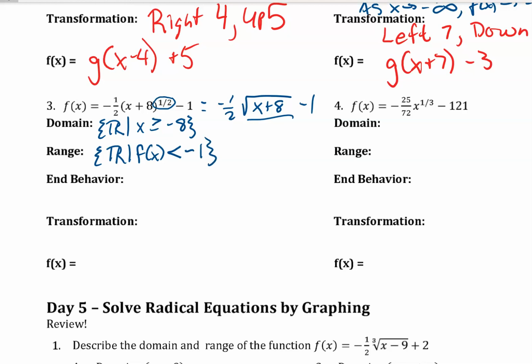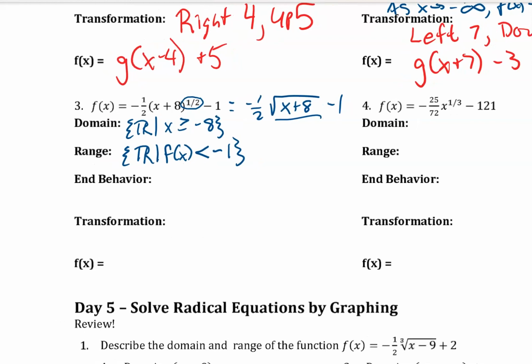Well, it says you don't have to graph it. You could still do a t-table. X and f of x. Again, if x is negative 8, f of x is negative 1. If x is negative 4, the square root of 4 is 2, times negative 1/2 is negative 1, minus 1 becomes negative 2.